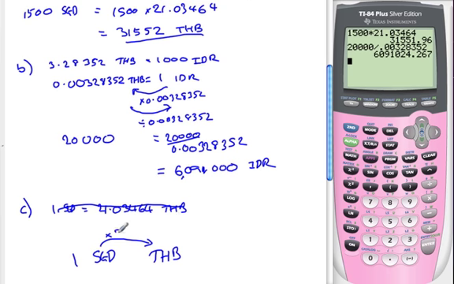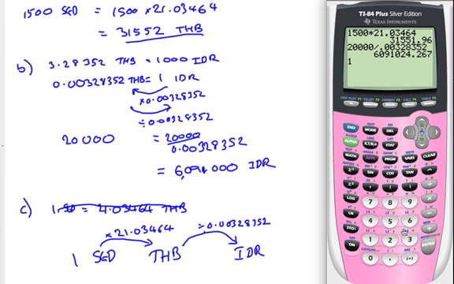That number, 21.03464. And then when we want to go from Thai baht to Indonesian rupiah, what we did was we divided by 0.003285352.